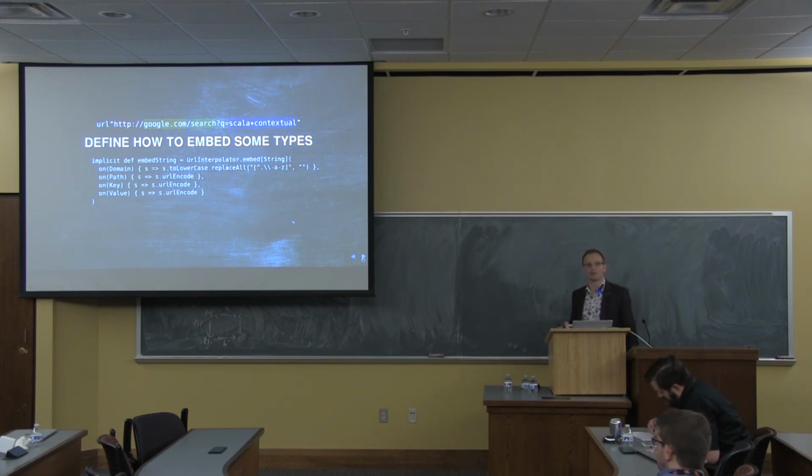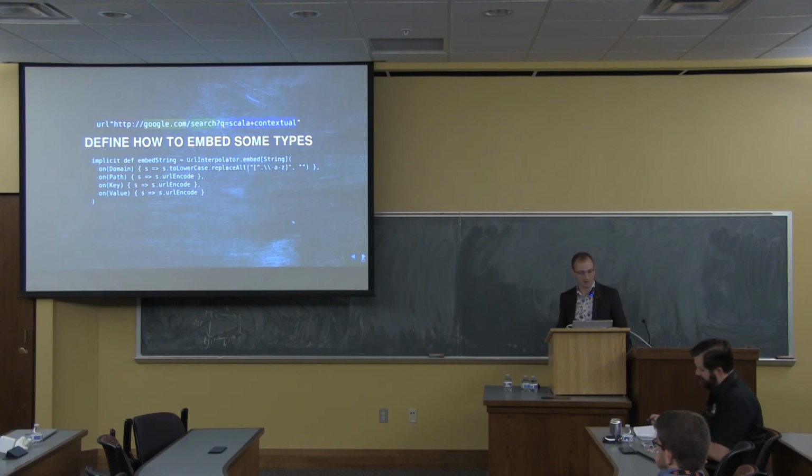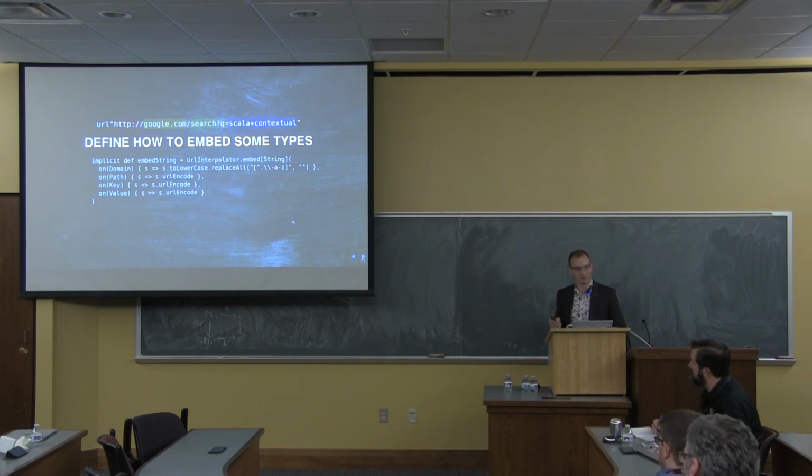Is that all okay? You might be thinking, well, how the hell is this implemented? That's a different talk, unfortunately. What is on? On is an object with an apply method. It's like case. But the way this works is these are varargs, and I'm doing some very crafty but non-macro type inference there.